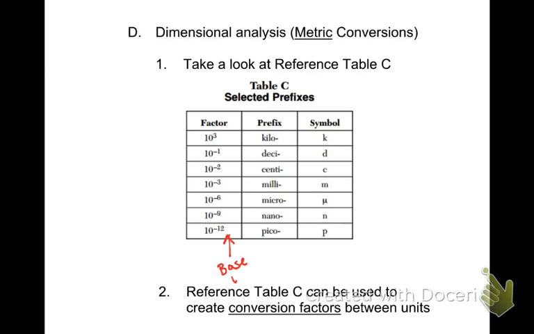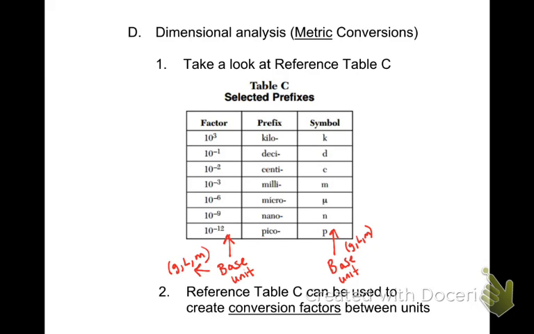The base unit could be something like grams or liters or meters. And over here, behind our abbreviation, we're also going to place our base unit, which could again be grams, liters, meters, seconds, any of that stuff.